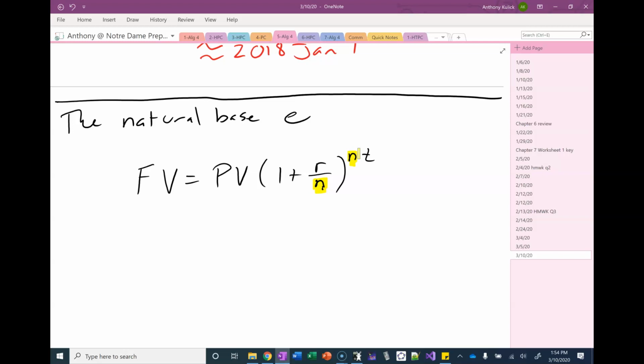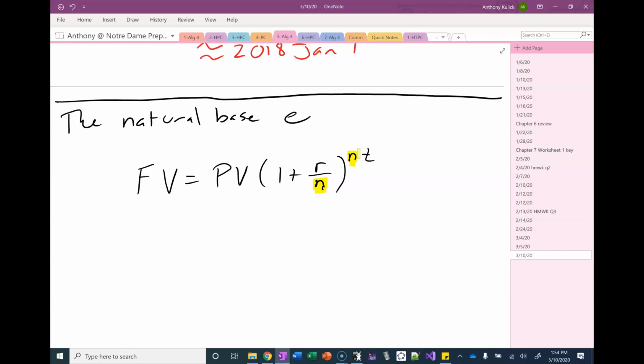That's basically the number of times your account value changes in a year. What we're going to do here is extend this idea to think about systems other than just bank accounts and banking. And we're going to extend this to think about some biological systems.